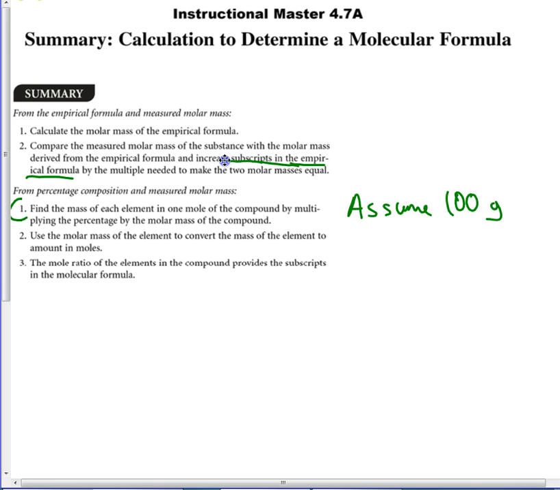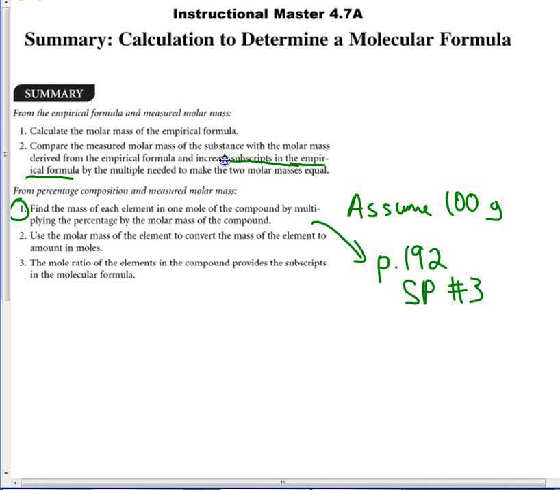If you're looking at number 1, it's a little bit different. If you want to follow this method, if it makes sense to you, and some students find it does, look at the sample problem in your textbook on page 192, sample problem 3, and that's the method that they use. They assume 1 mole, and they follow it through from there. The end result is the same.